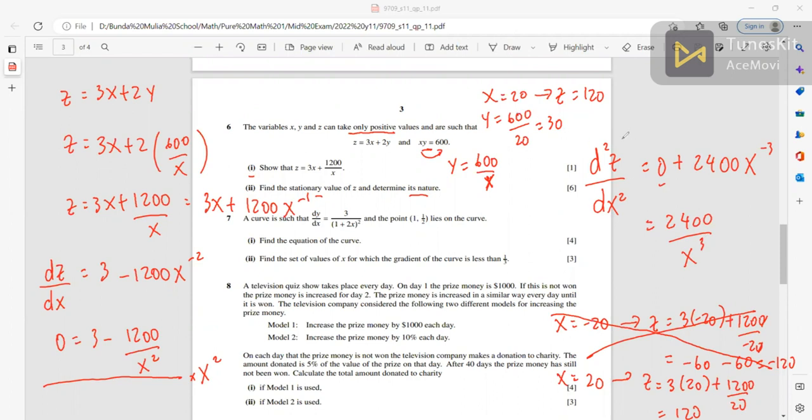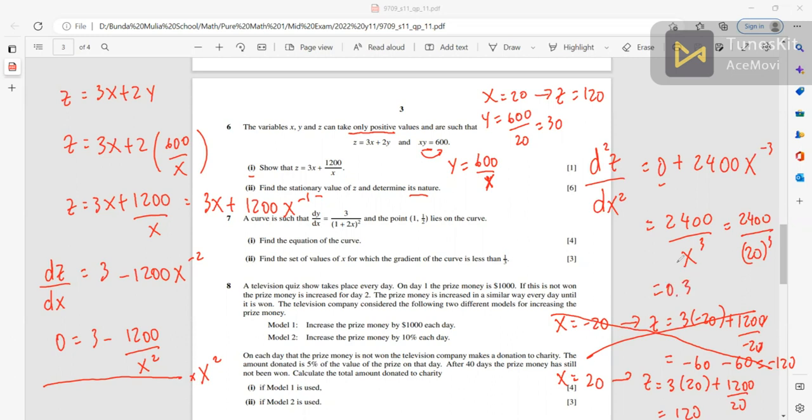The x we change to 20, so it will be 2400 over 20 power 3, so we get 0.3.